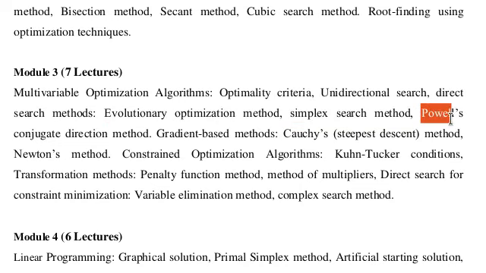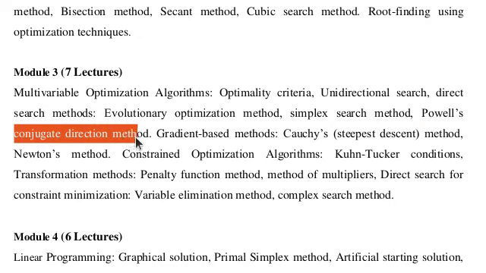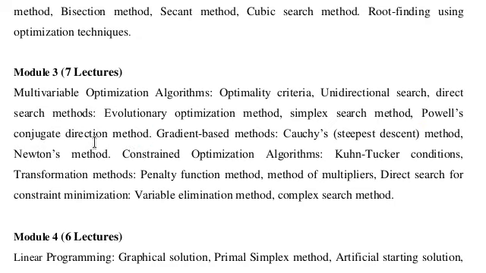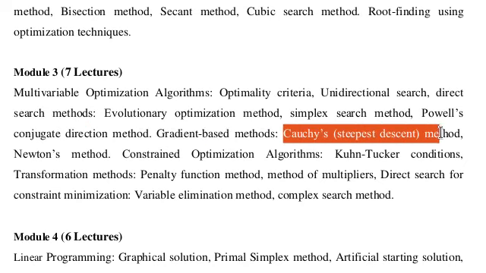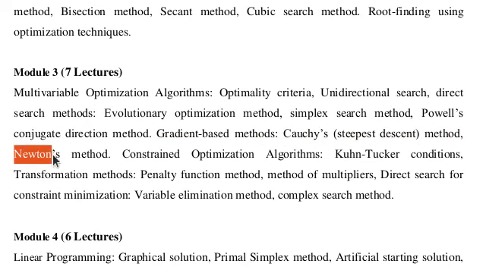Next I have discussed this method very well. Then comes Powell's conjugate direction method. I will give you some important points and also some material to read on this method, and very simple questions will be asked in this. So first type of methods are direct search methods, and second are gradient based methods. I will discuss the Cauchy method in brief, and also I will discuss Newton's method.